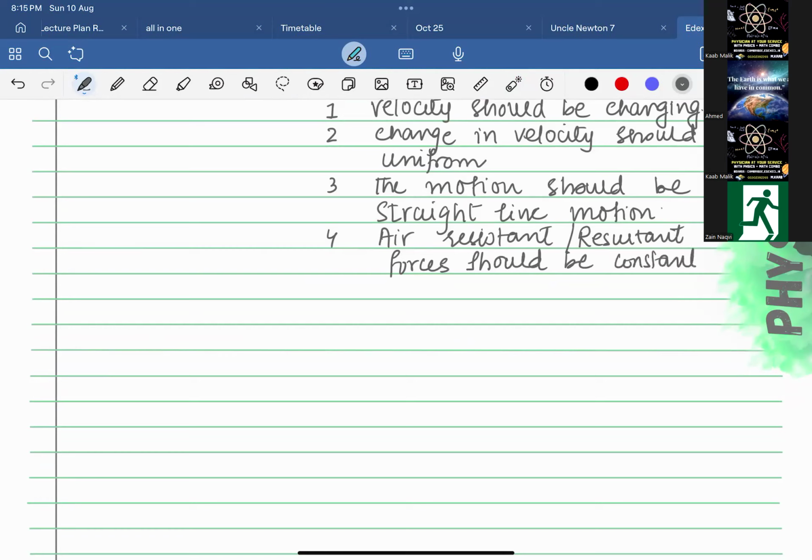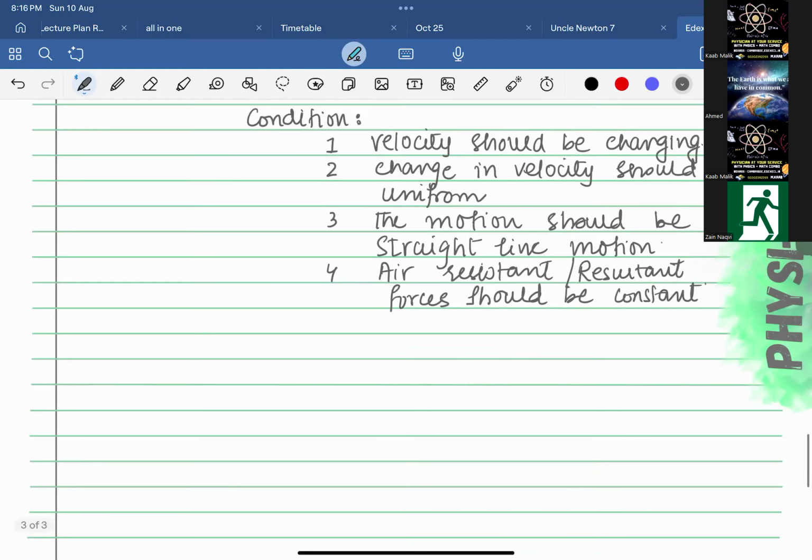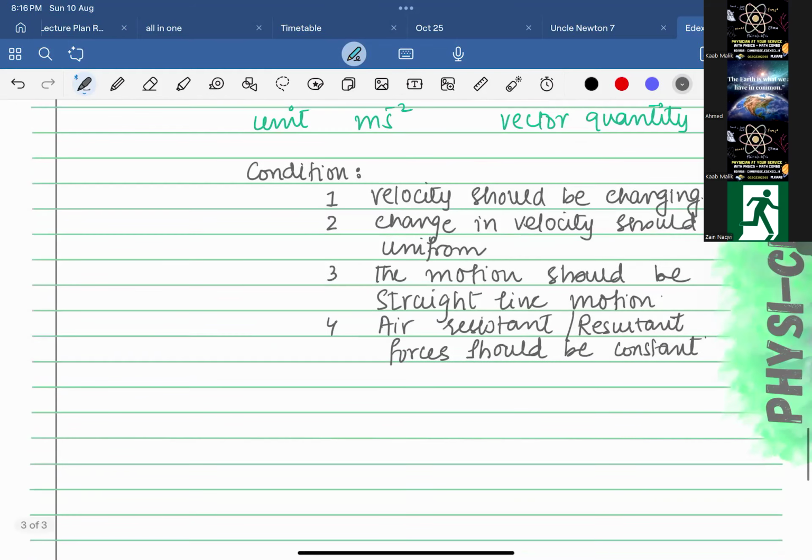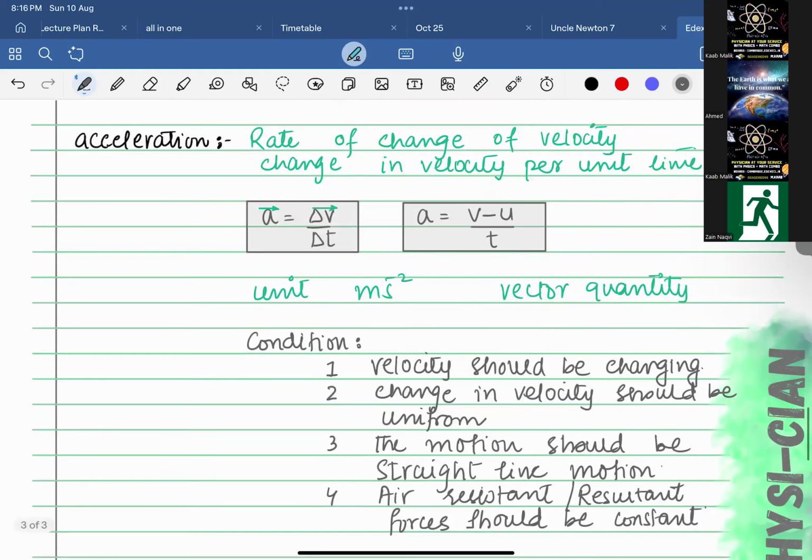It should not be zero. The resultant forces should not be zero. It should be there, but they should not be changing. The constant resultant force provides the constant acceleration, and if the resultant force changes, it will cause the acceleration to change, and it will ultimately change the whole scenario. So these are some conditions.